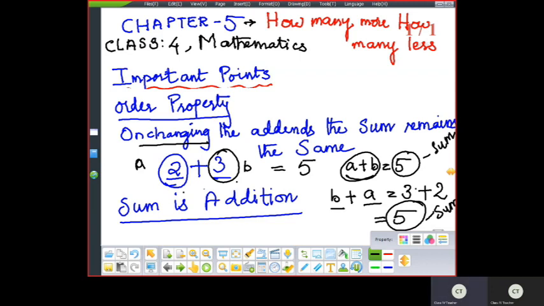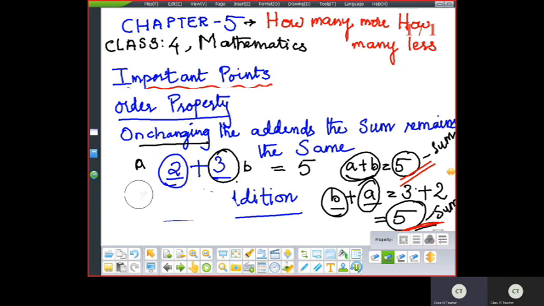Now you see, children, when I change the addends, that means when I have changed the numbers, the answer is the same. Yes or no? 5 here, 5 there. This is called the order property. So children, on changing the addends, the sum remains the same.